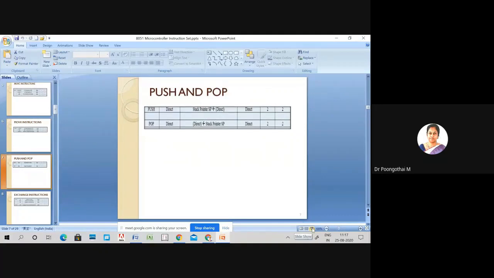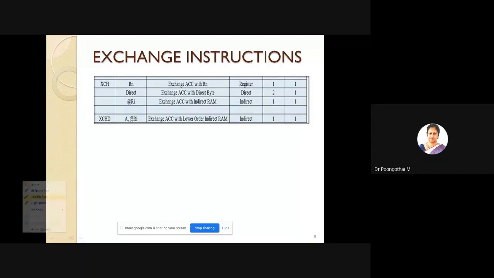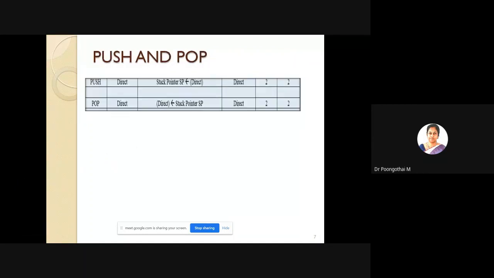Next one is push and pop instruction. So the syntax for push and pop. Push direct. Either we can specify the address directly, or we can use register names. Direct means 6.